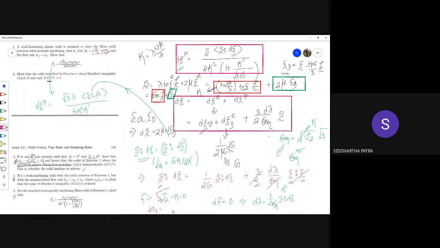So df should be 1 by twice k, because that is square root of J2. Then dJ2, which is S inner product ds, minus k prime times d lambda. Okay. So d lambda is k prime, which basically means I need to bring in k over here. So this simply cancels out.